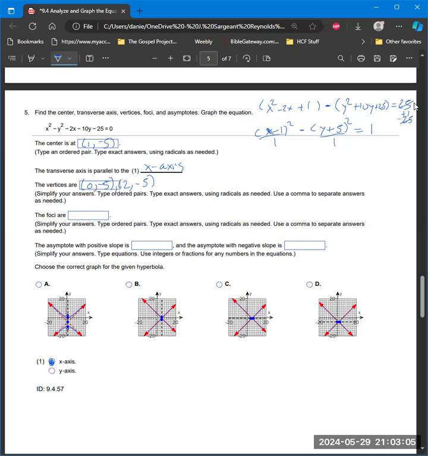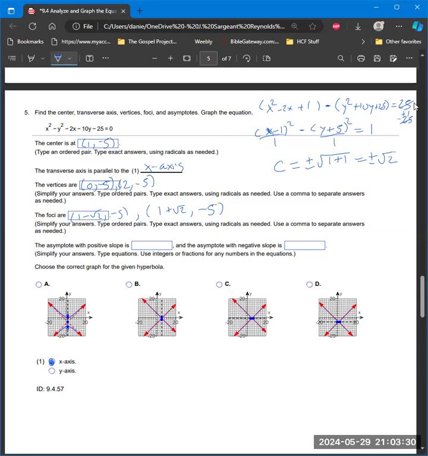Foci are going to be at c equals plus or minus the square root of 1 + 1. It's plus or minus square root of 2 from the center. And we're going in the x direction again. So (1 − root 2, −5) and (1 + root 2, −5).